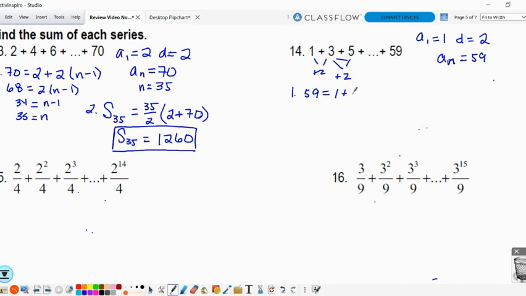Based on our general arithmetic rule, our first term plus the common difference times n minus 1. And we'll be adding 30 terms together.